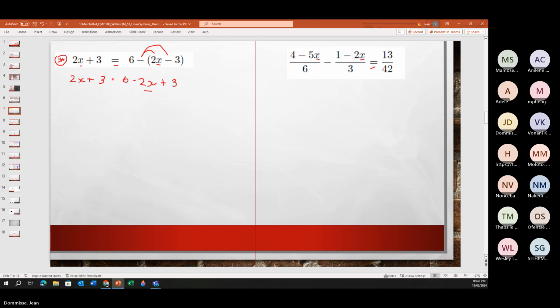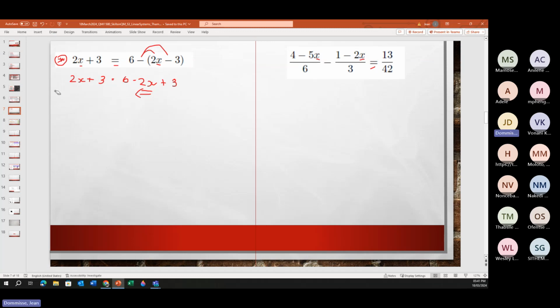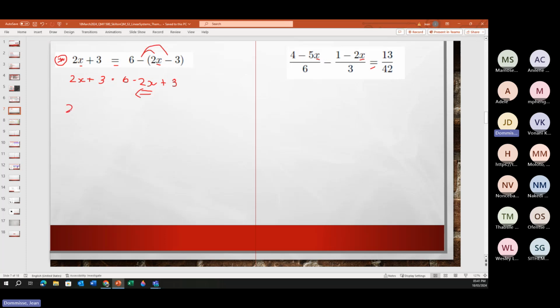Then I'll take all the x's to the left side. So minus 2x on the right hand side, if I take it over, becomes plus 2x.